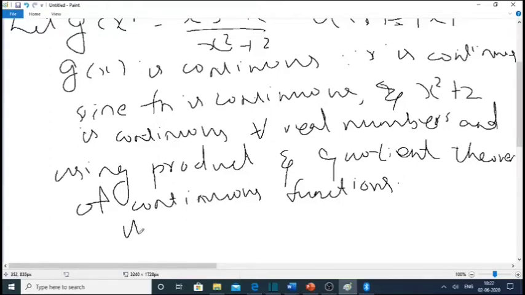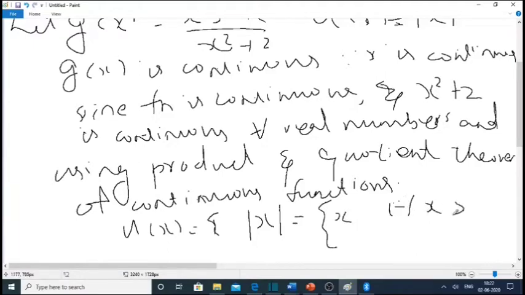Now look at u of x. u of x equal to mod x, which is equal to x if x greater than or equal to 0, and equal to minus x if x less than 0.